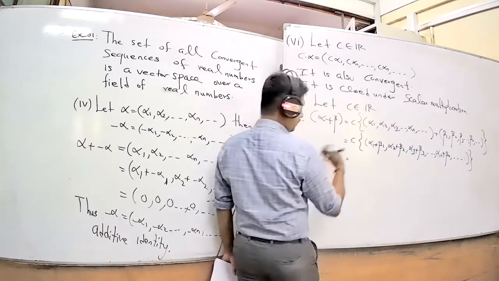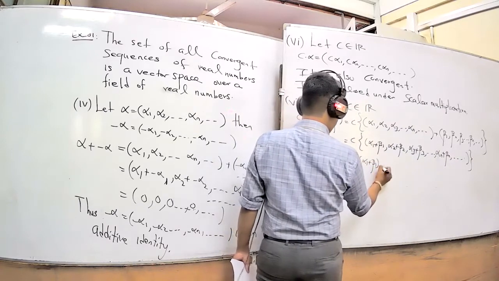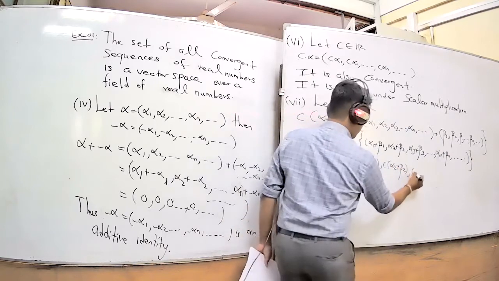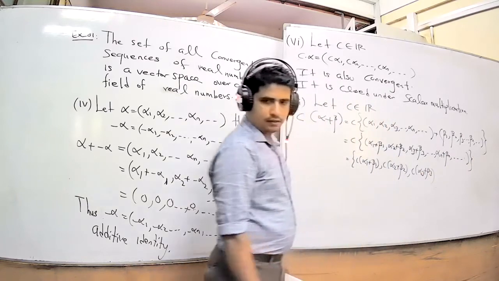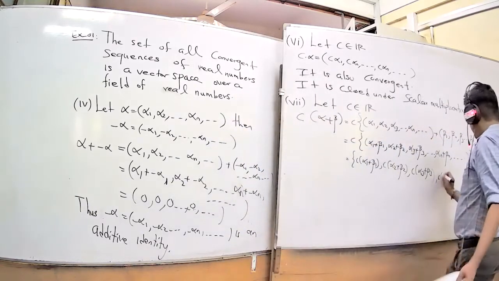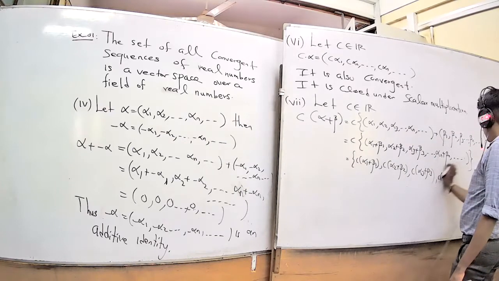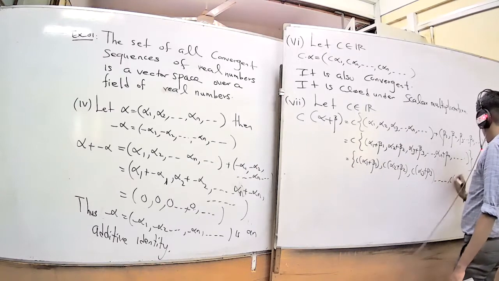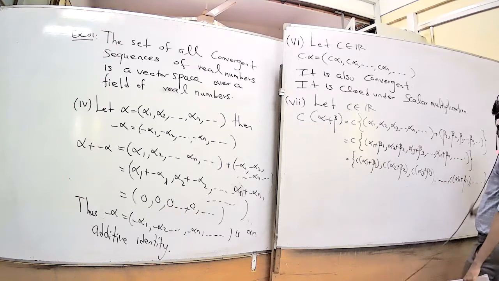So this is c times (alpha 1 plus beta 1), c times (alpha 2 plus beta 2), c times (alpha 3 plus beta 3), and so on, c times (alpha n plus beta n).